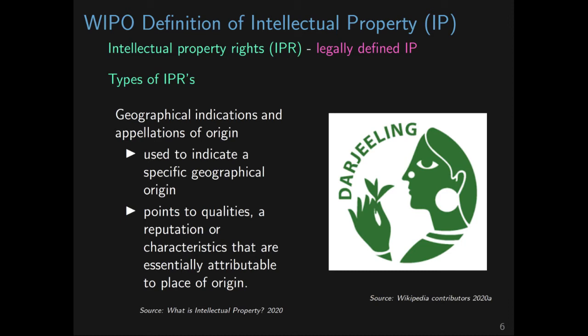So, for example, in the case of this indication here, this indication is attached to packages of a certain type of tea that comes from a region in Sri Lanka called Darjeeling. So, this geographical indication ties the tea to the region of Darjeeling.